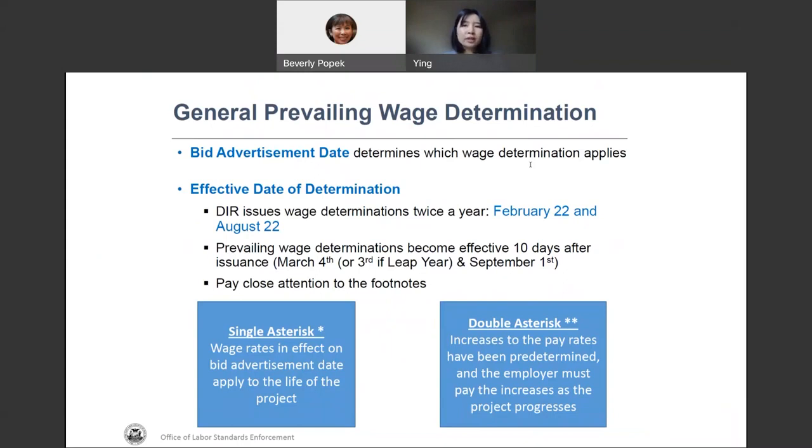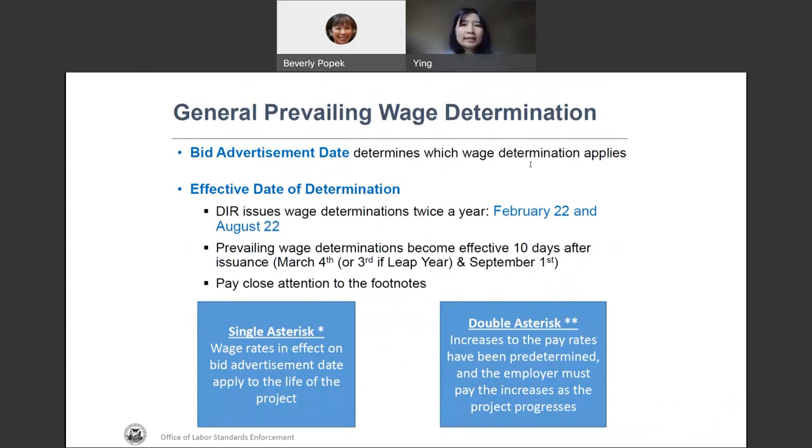Prevailing wage determinations become effective 10 days after the issuance date, which is March 4th on a regular year, or March 3rd if it's a leap year, and September 1st. So you have to pay close attention to the footnotes.